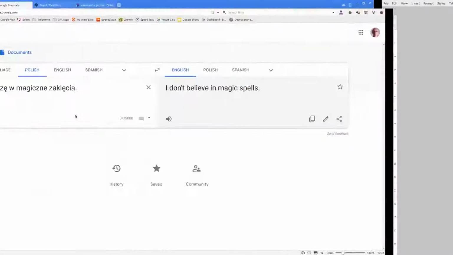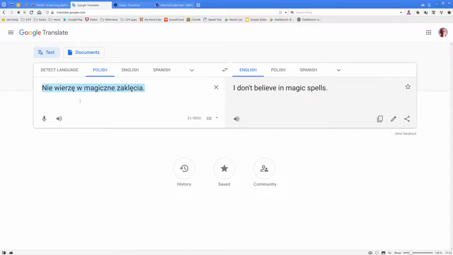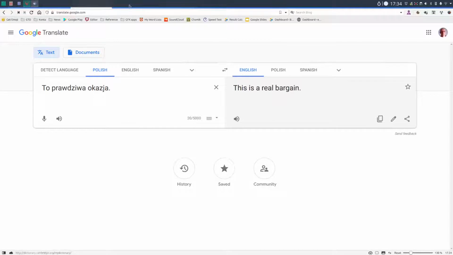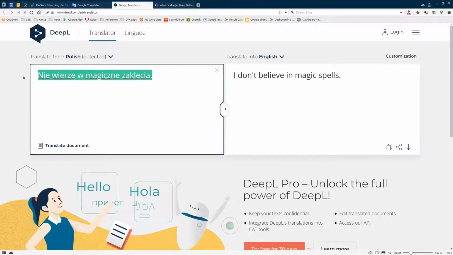Okay, to prawdziwa okazja. I don't expect any problems here, right? because this is such a common phrase and it's obvious what it means.